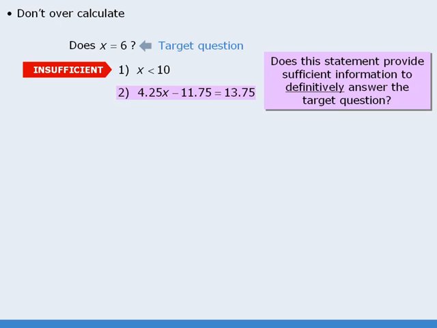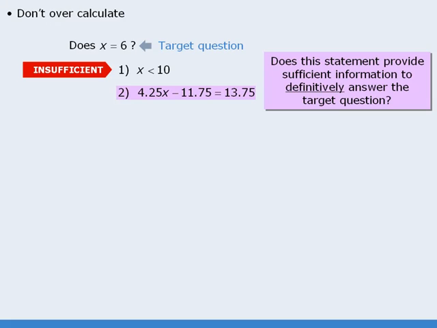Your only task when tackling data sufficiency questions is to determine whether or not a statement provides enough information to answer the target question. In other words, if we know that 4.25x minus 11.75 equals 13.75, does this provide us with enough information to determine whether or not x equals 6?